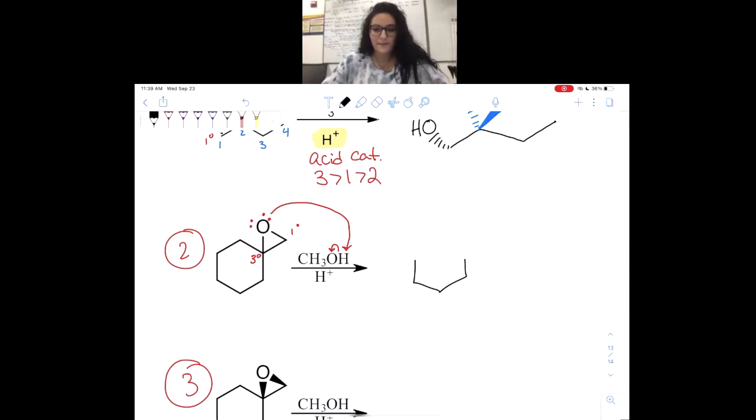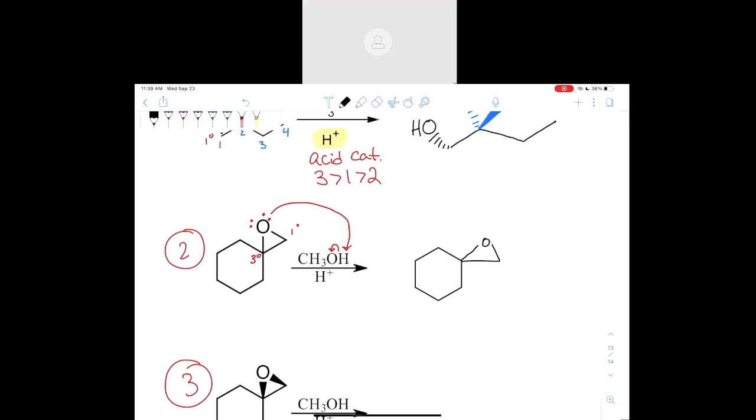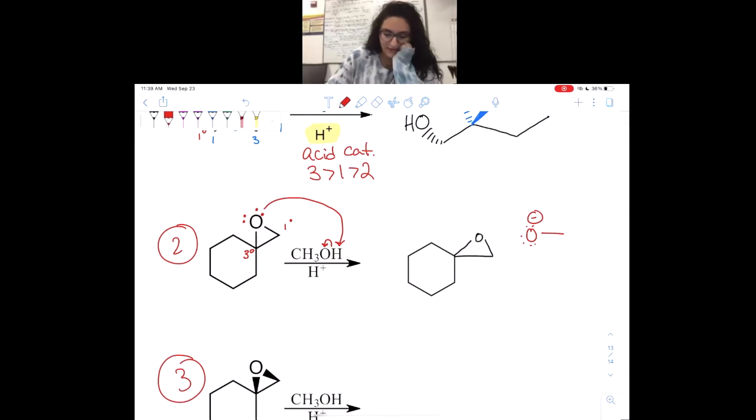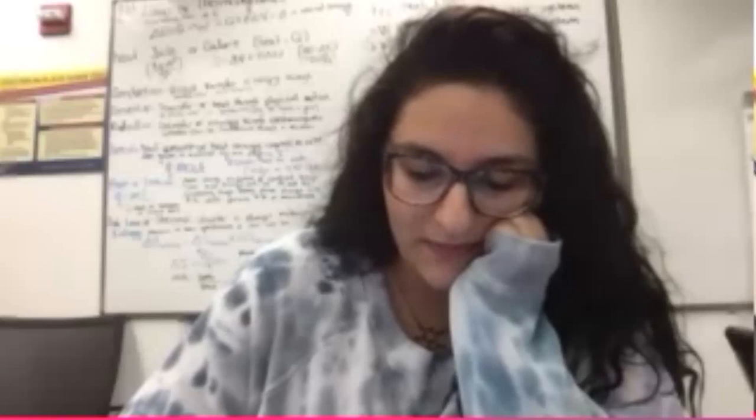I'm just drawing it flipped because it's easier. So you said we're going to attack the tertiary side, right? And why did you choose tertiary? Because it's an acid catalyzed reaction. Perfect. So we're going to attack this carbon because it's tertiary. And you said you were stuck on which bond to break, right?